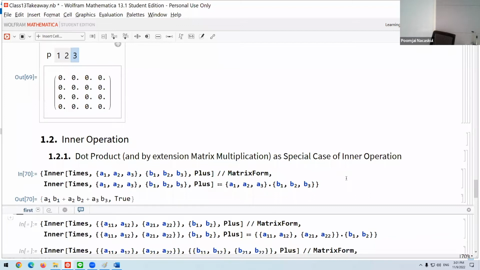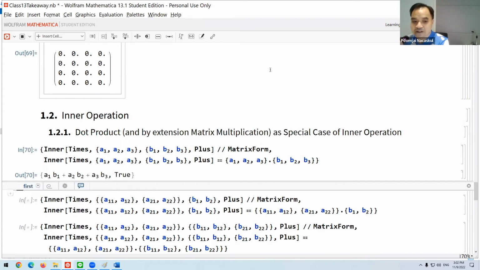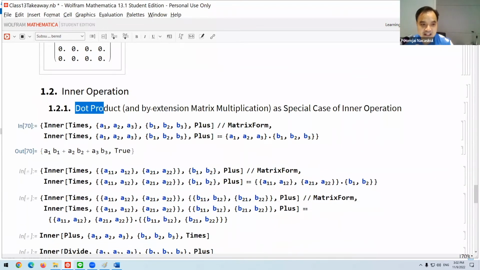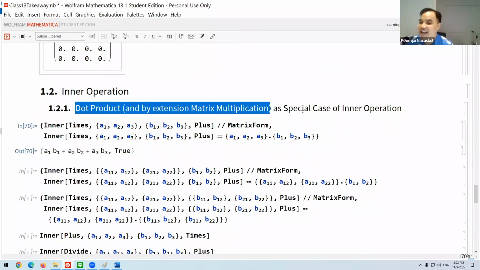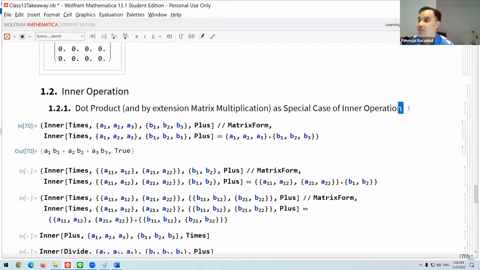All right. Now, why would you do this? Obviously, if you have common sense, it's so that I can do something else. In fact, this is what I want to show you. First of all, a dot product, and by extension matrix multiplication, is a special case of inner operation.